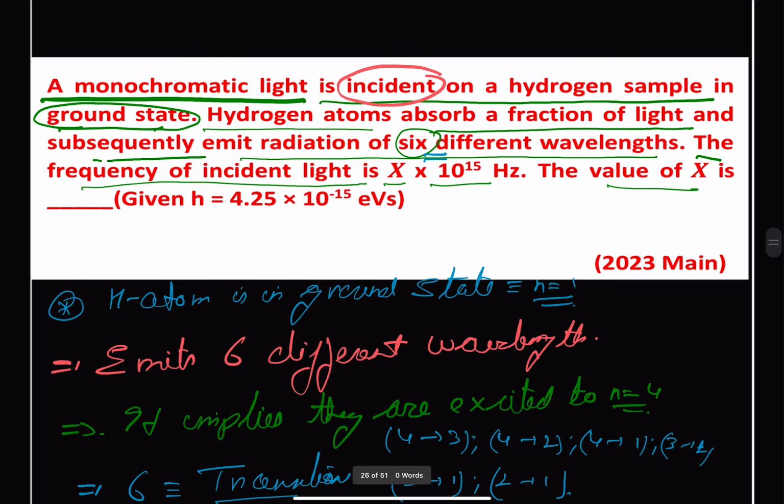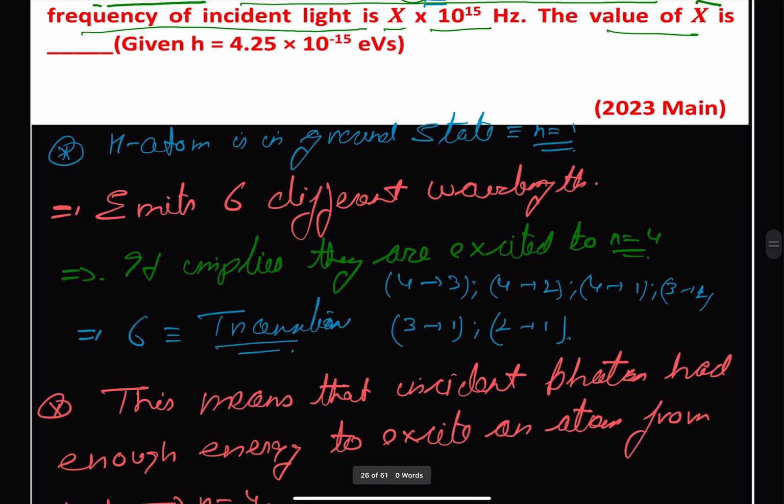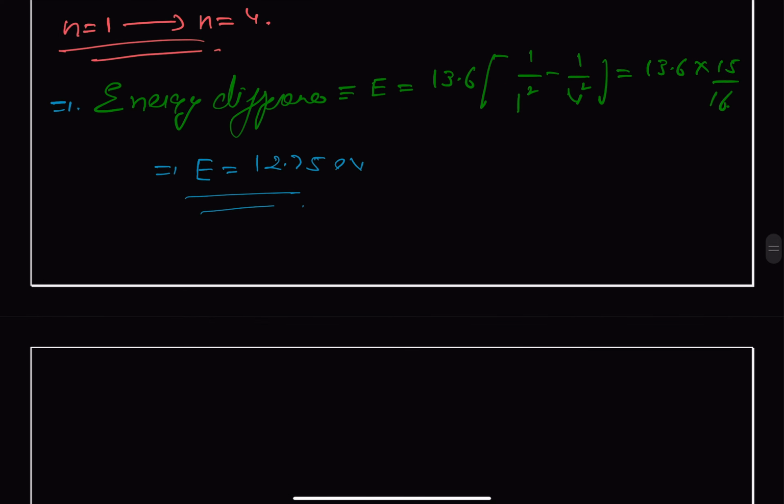And we have to find the frequency. We can use the relationship between energy and frequency: E is equal to h multiplied by frequency, or in terms of lambda, hc upon lambda.